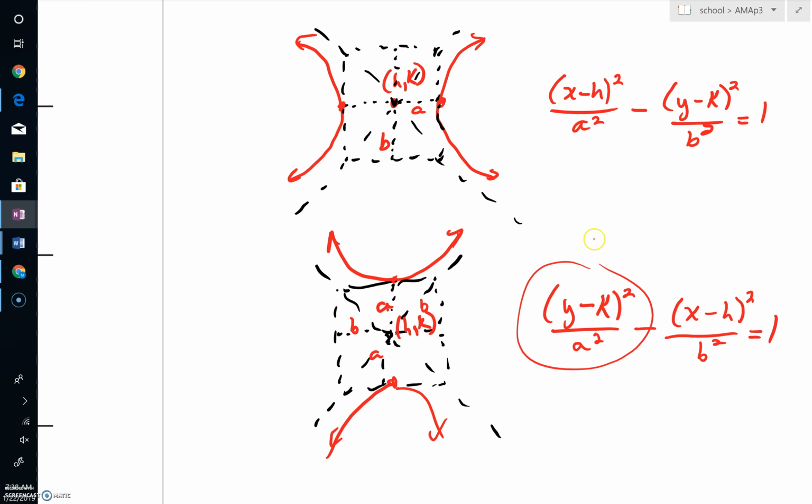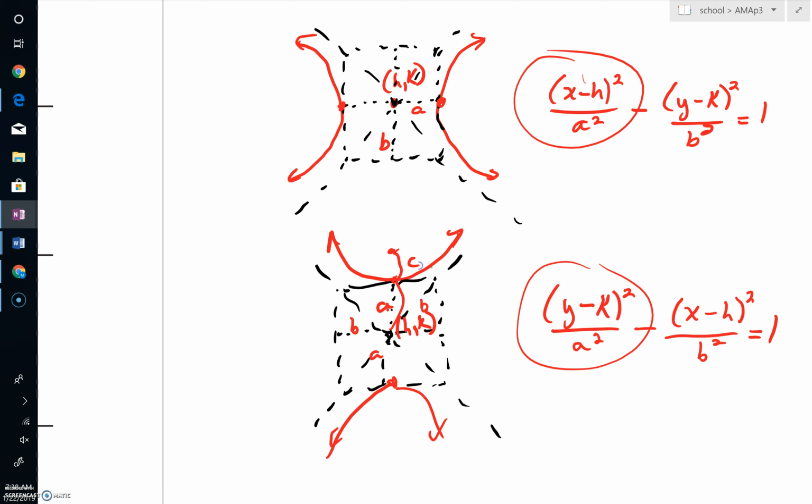Whatever is positive indicates the direction that we're opening. So if the X terms are not being subtracted, if they come first, we open right and left. Likewise, if our Y terms come first, if they are positive, then we open up and down. Also, there are foci, and that can come into play too.